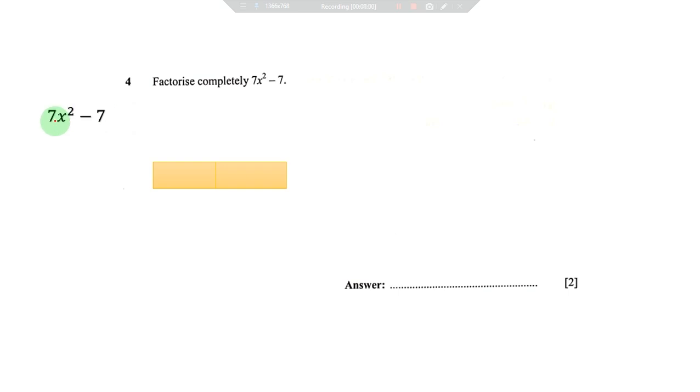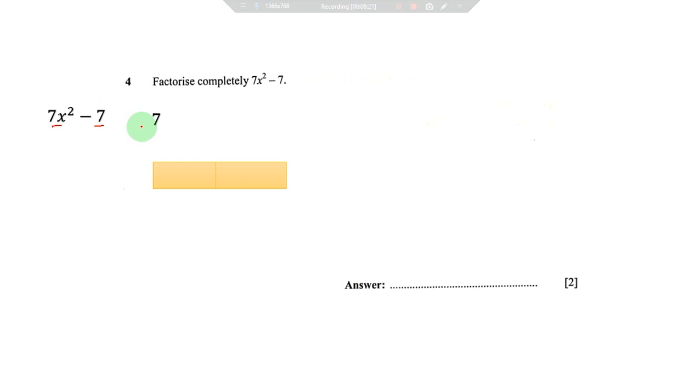In this case we'll start with the numbers. What number can go into a 7, the same number going into another 7 there? It's 7 itself. So 7 is common. Do we have common letters? Definitely not. So only 7 is common on these 2 terms.